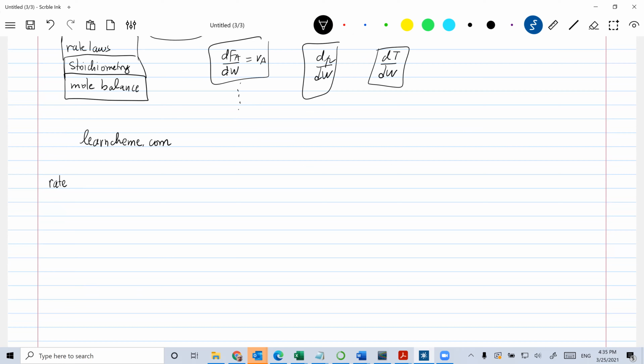So the energy balance goes the following. You have the rate of energy accumulation within the system. Some of you who took thermal may be familiar with this.